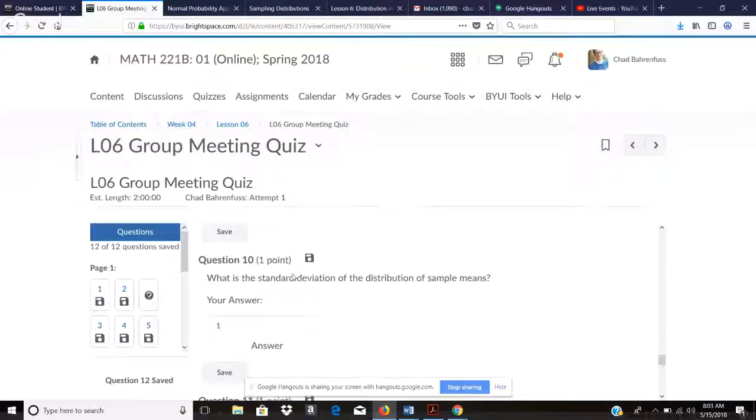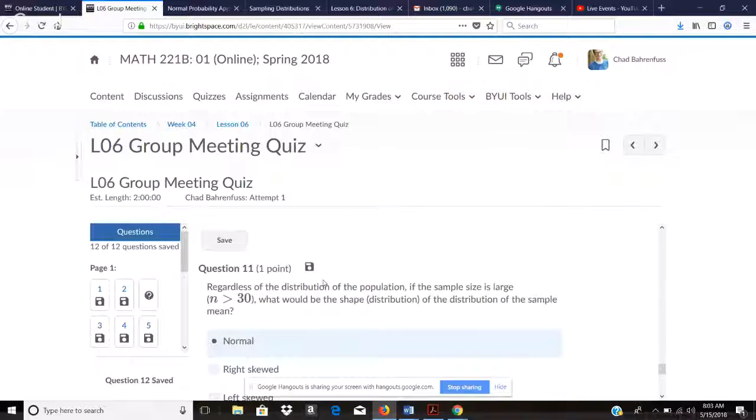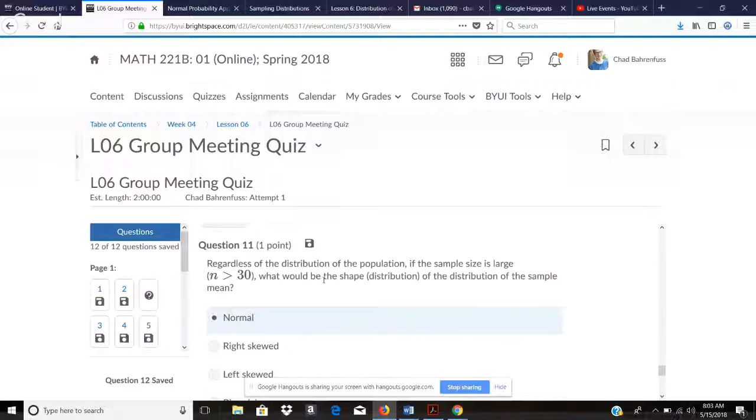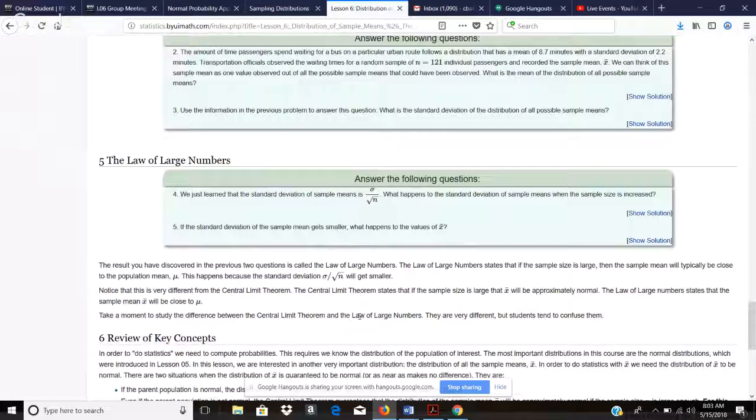Then if you go up here, okay, I understand that. That makes sense to me. Standard deviation gets smaller.